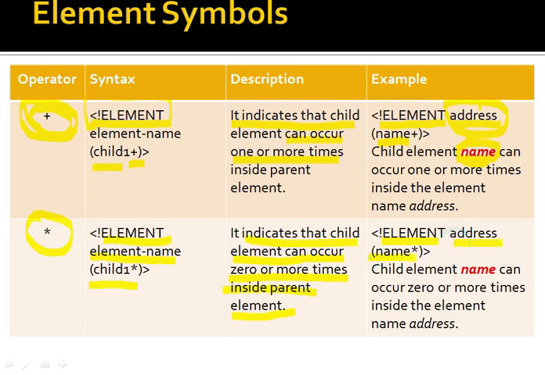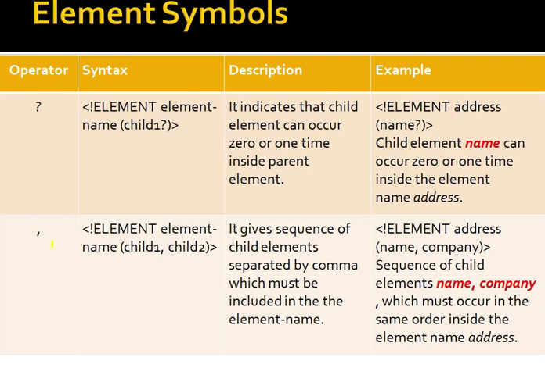This name can occur 0 or more times inside the parent element address. So that is an asterisk. If it is plus, it can occur 1 or more times. If it is asterisk, 0 or more times.